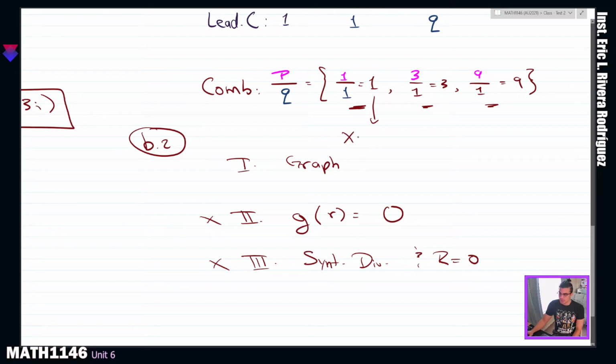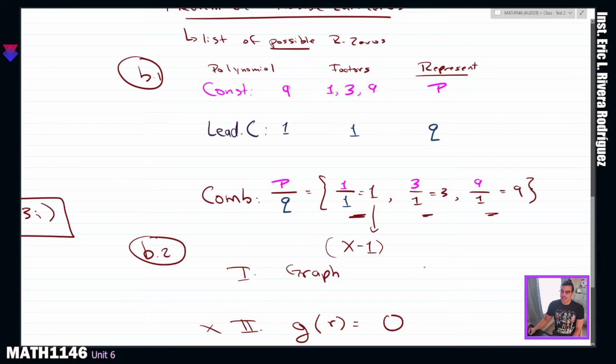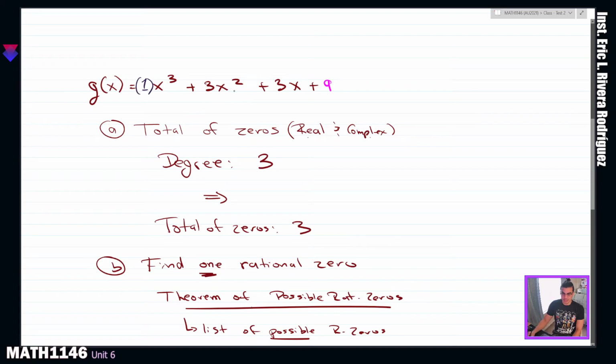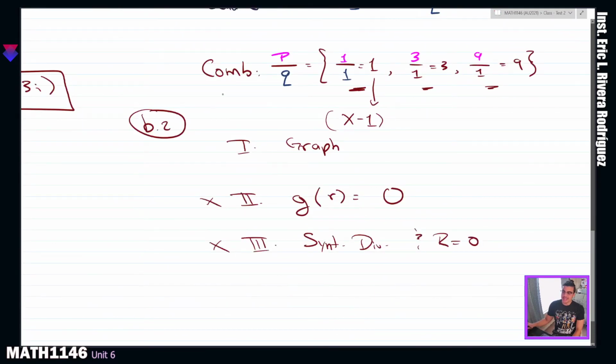For example, you take positive 1, and you create a linear polynomial of x minus 1. Then you do synthetic division between x minus 1 and the polynomial. If the remainder is 0, then the value that you selected is an actual 0. Too much time there. You are not going to do that one.